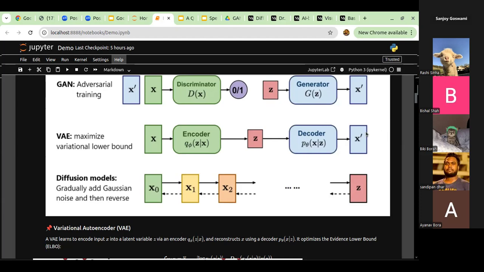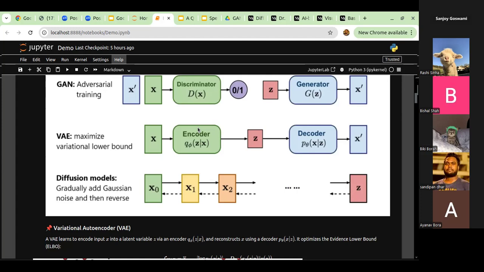Then you can feed the loss, or the error, basically nothing but the loss. In machine learning and deep learning we call it loss. You feed the loss to the decoder and encoder, such that the encoder and decoder can learn how far this generated image is similar or dissimilar to the Ghiblified art, such that you can tune its parameters phi and theta.